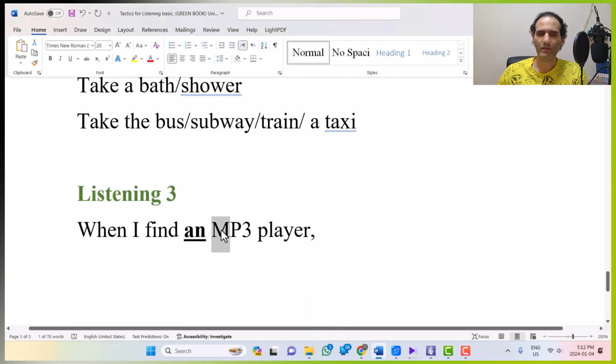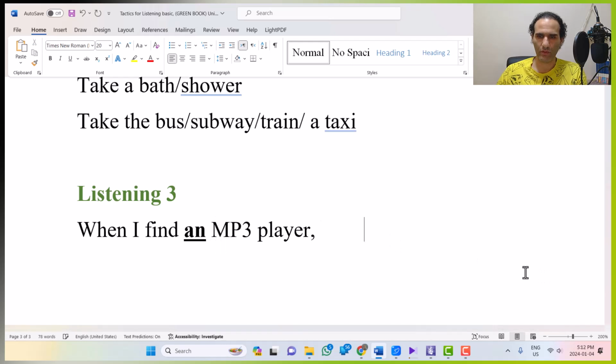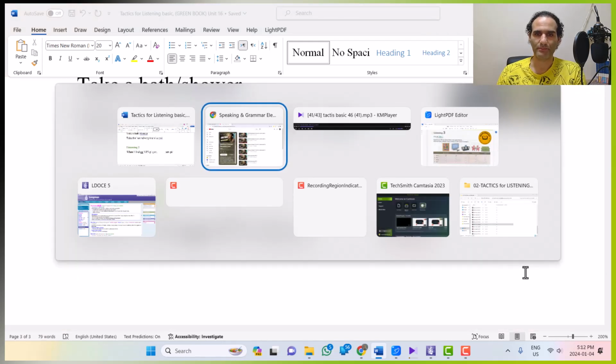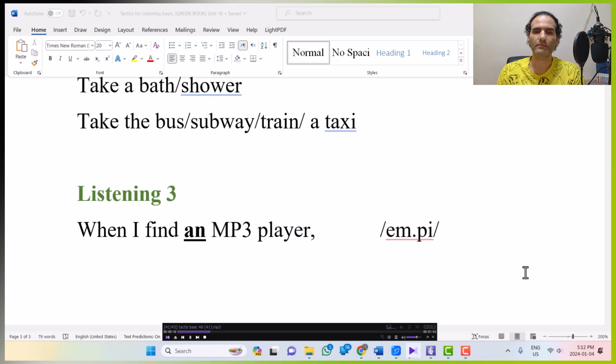Why? Because this M starts with a vowel sound. It is M, P, and then 3 player. But if you want more details on that, you gotta go and watch that video, okay? An MP3 player. I'm going to put it in the bookshelf.